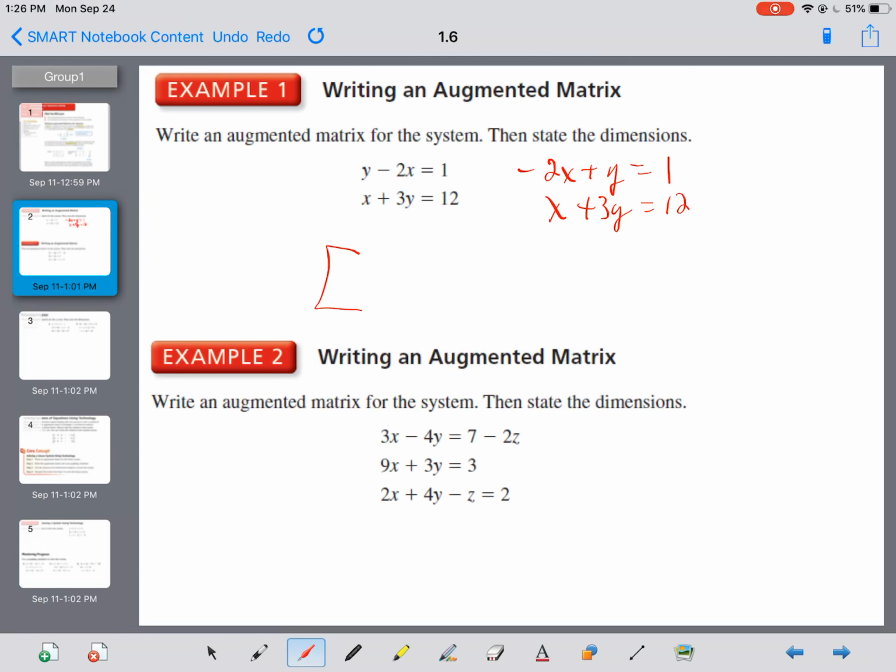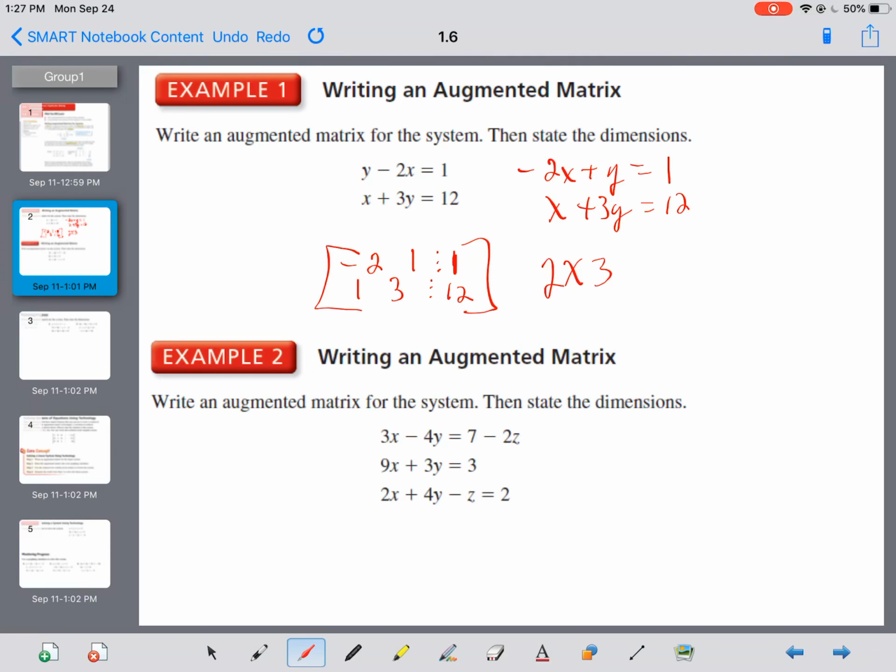So as an augmented matrix, I'm going to have -2, 1, and then I have a 1. And then I've got 1, 3, and the answer side is 12. That's my augmented matrix. And it is 2 rows by 3 columns. So if you need to solve a linear system with 2 variables, you're going to use a 2 by 3 matrix.